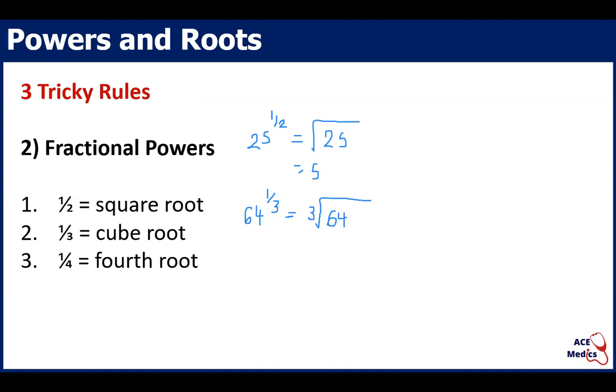The cube root of 64 is 4. Now you can imagine that for something to the power of a quarter, so let's go with 81 to the power of a quarter, that's going to be the 4th root of 81, which you don't necessarily need to know, it's 3.